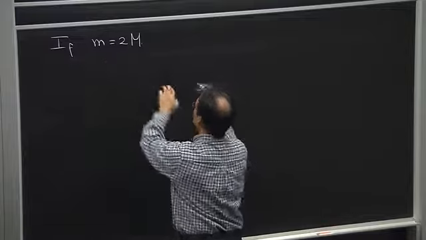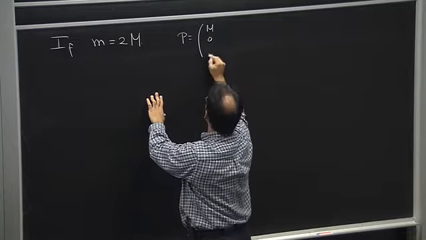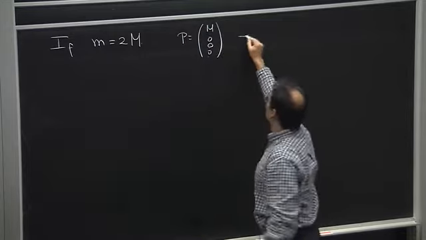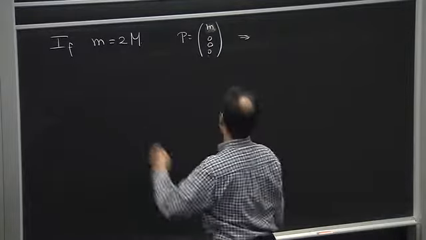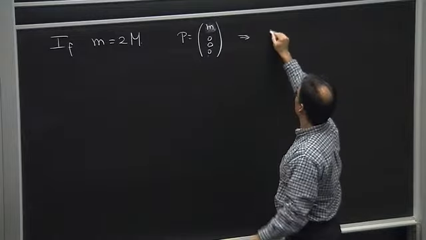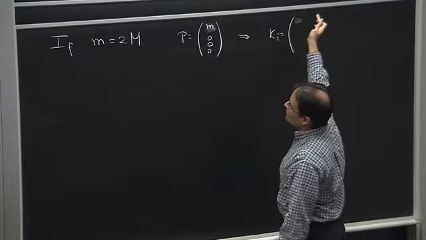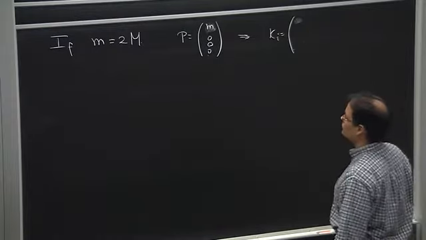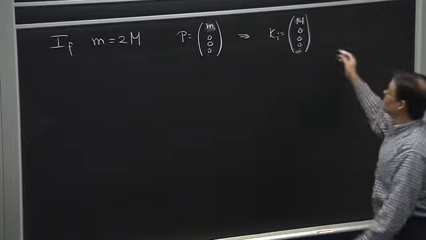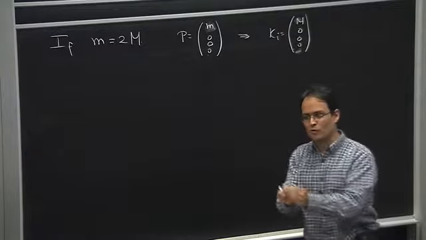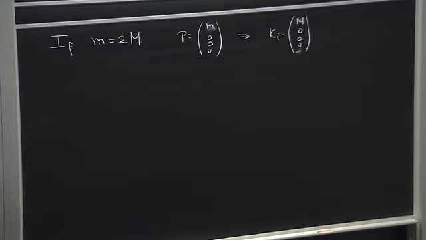Well, we can go to a frame where P is just (M, 0, 0, 0). And that would imply that this is satisfied if and only if the nucleons, each one of them, happens to be at rest, okay? So that means that the 2 nucleons are produced at rest. If this happens, when our meson decays, the 2 nucleons are produced at rest.